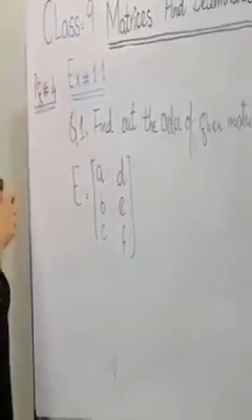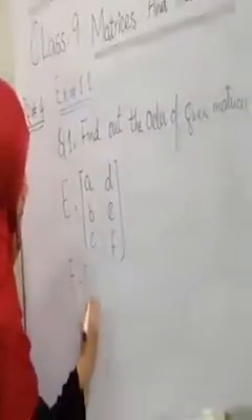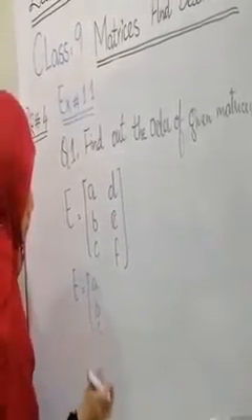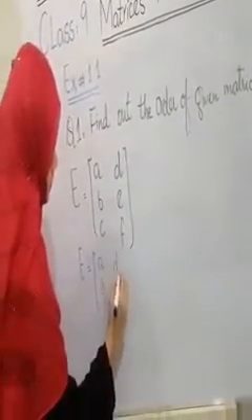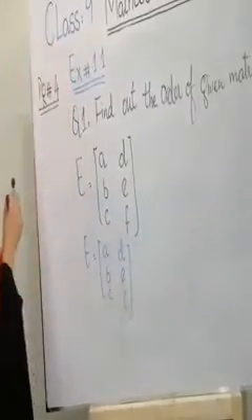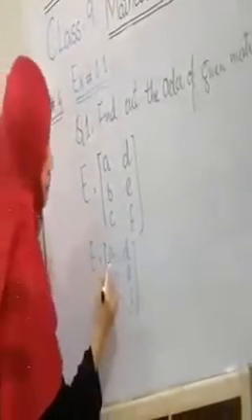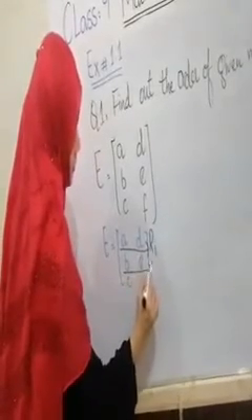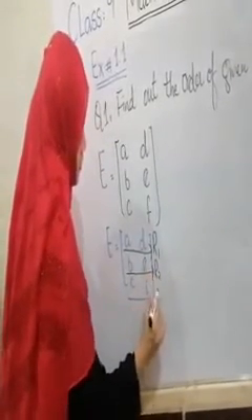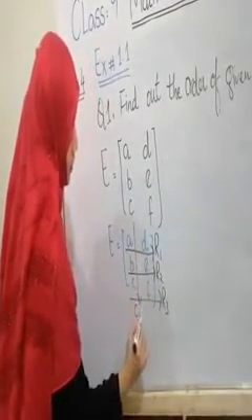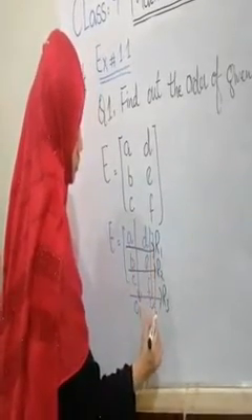Okay, first identify its number of rows and its number of columns. Row 1, row 2, row 3, column 1 and column 2.